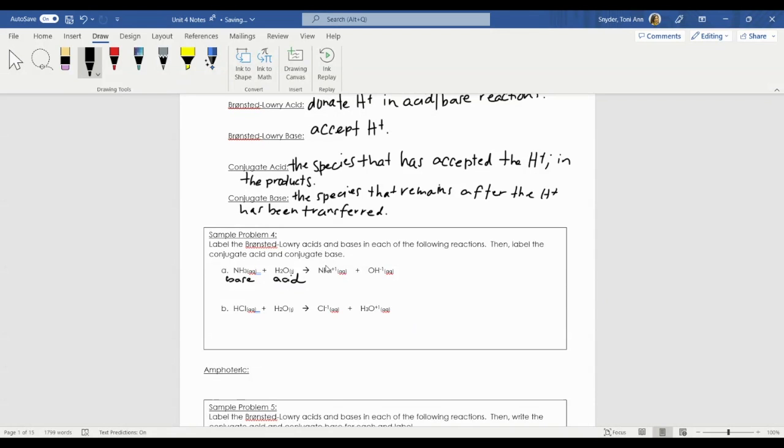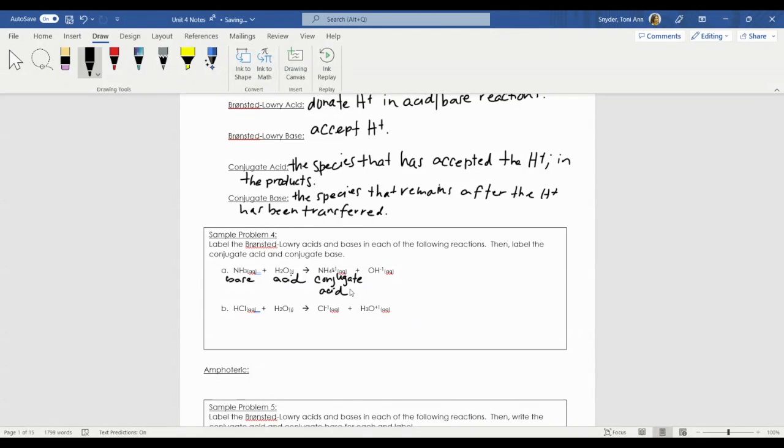So what are the products of this reaction? When I have a base that accepts a proton, right? Things that have protons tend to be very acidic. So whenever the base accepts the proton, we call that the conjugate acid. So this is the conjugate acid.